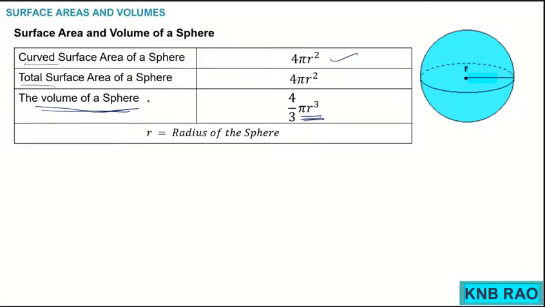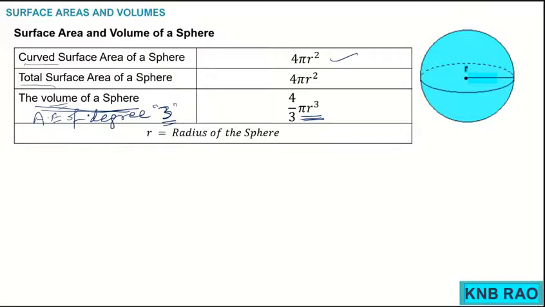Remember children, volume is an algebraic expression of degree 3. That means the total sum of the powers of the variables should be 3, because it's volume.